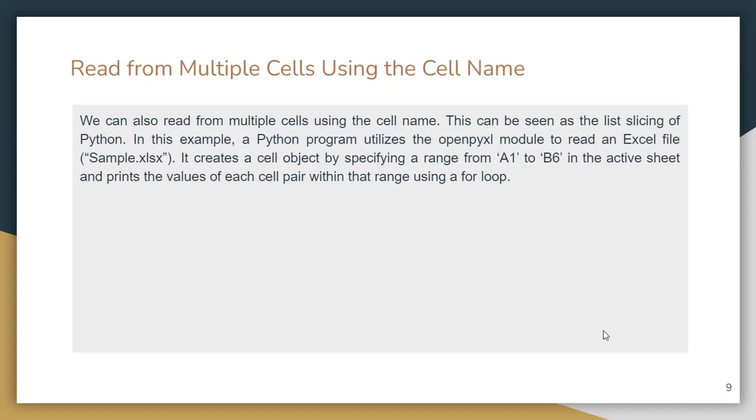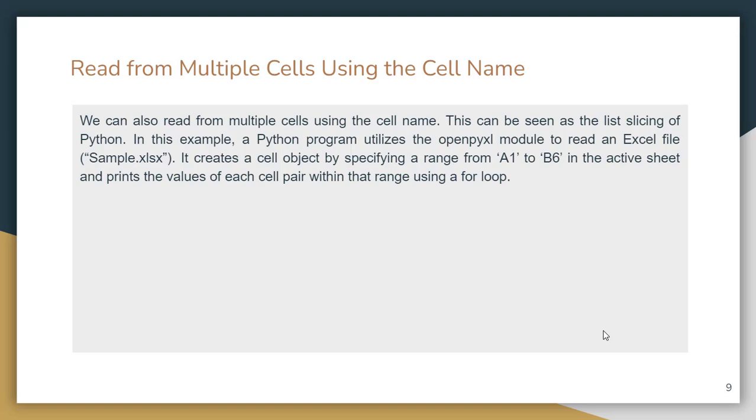Now, read from multiple cells using cell names. We can also read multiple cells using the cell name. This can be seen as list slicing in Python. In this example, a Python program utilizes the openpyxl module to read an Excel file, and the name of the Excel file is sample.xlsx.